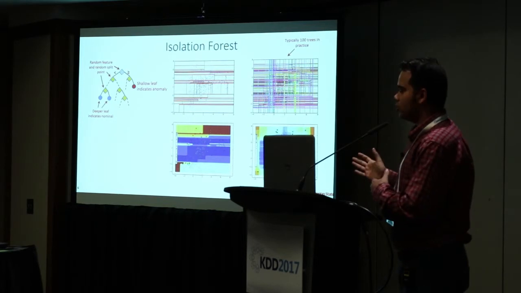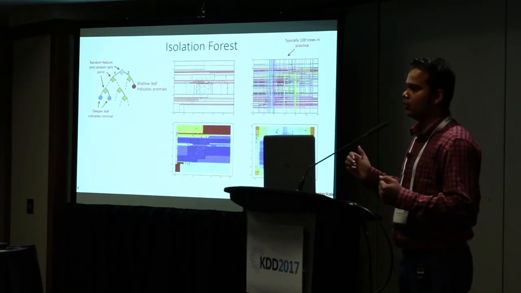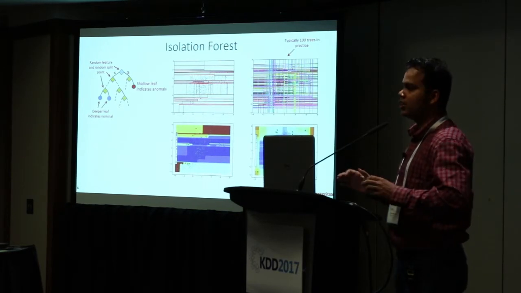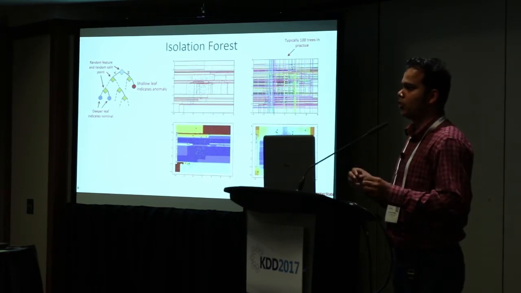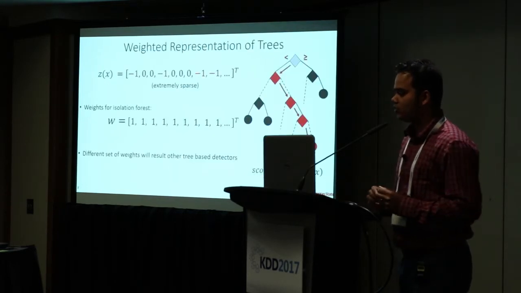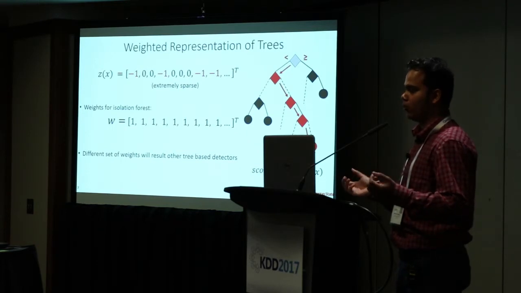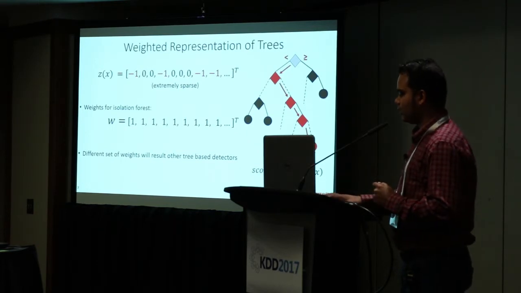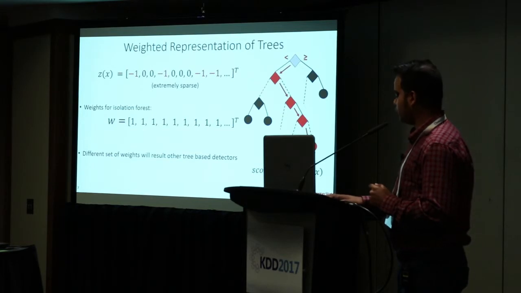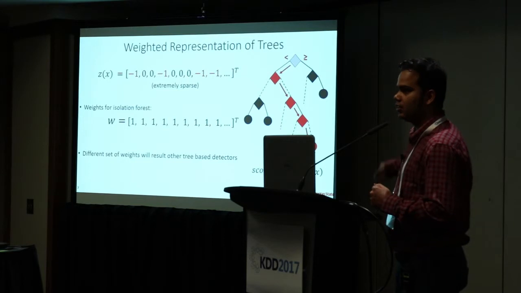So we want to incorporate feedback into this algorithm. To do that, we first have to convert this tree representation into a more useful form. For that, we will represent this tree as a weighted representation, as a linear form. You can see in a decision tree, each node, for example here, x is traversing this specific red path.